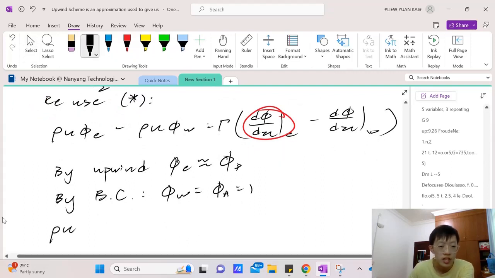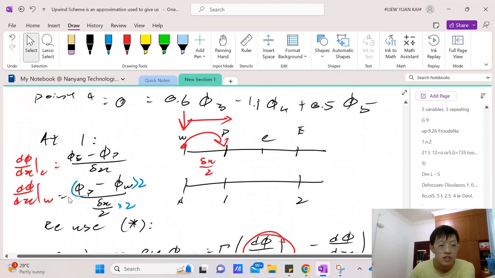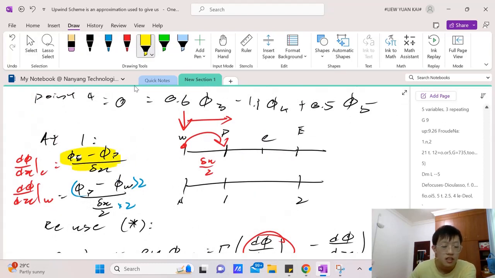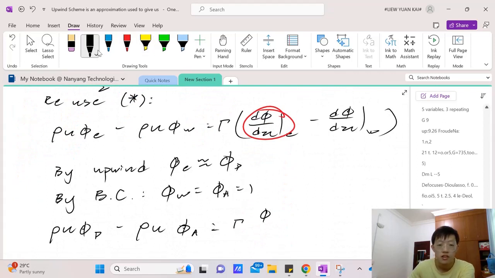So phi E, I replace it with the upwind scheme, which states that it will be equal to phi P. Then the boundary condition says that phi small w is equal to phi A. And then this will be phi E minus phi P divided by the segment.